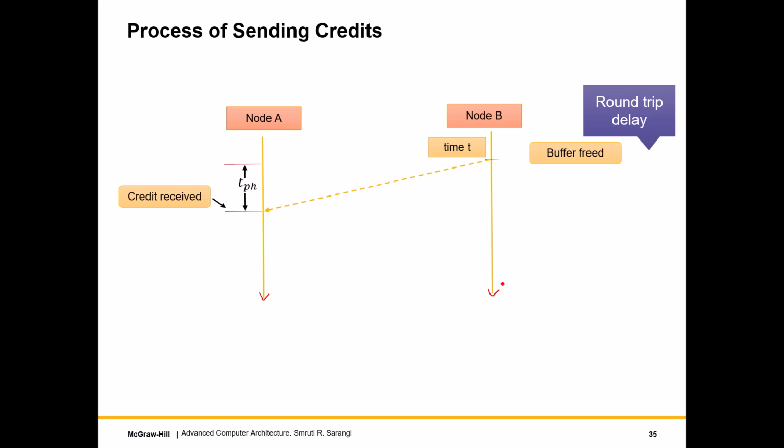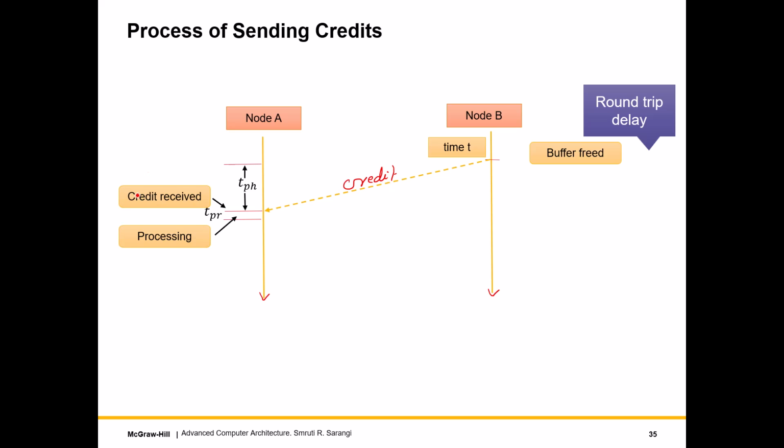Then a credit is sent to node A, which is the sender, saying that look, one of my buffers is freed, so you can send a single flit message, and the time it takes to send this credit is TPH.